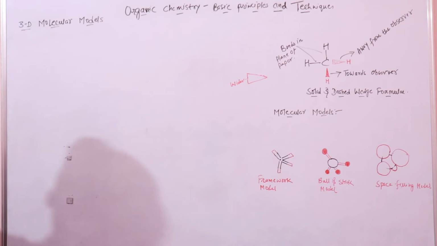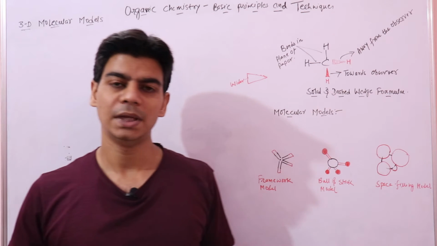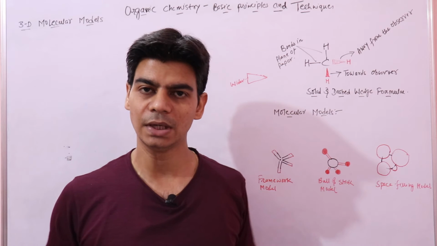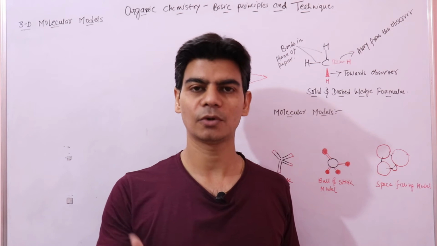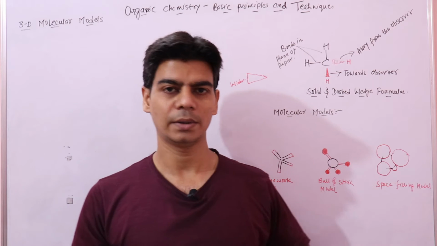Then the other thing you have is three-dimensional molecular models. These molecular models are commercially available in the market where you can purchase them. They are made up of plastic, wood, or metal.